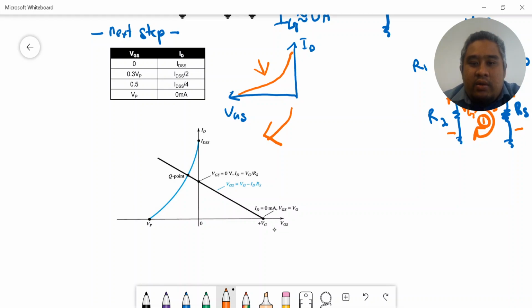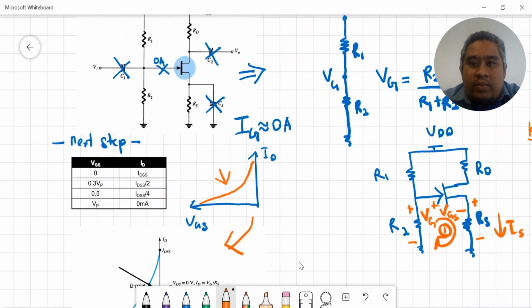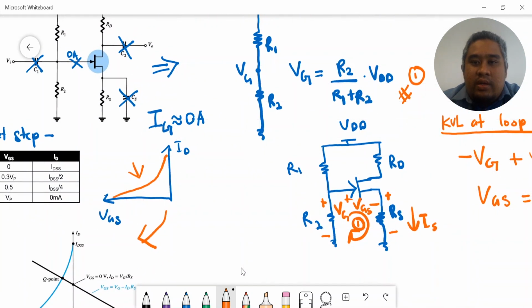For the first point, we use this one: ID equal to 0 milliamp, and VGS equal to VG. We already know the value of VG by using the voltage divider rule.